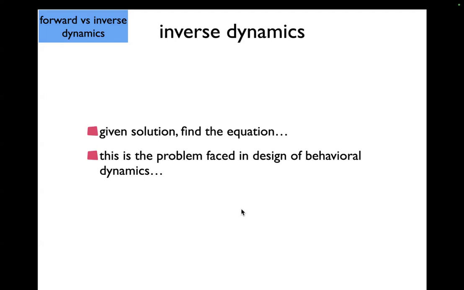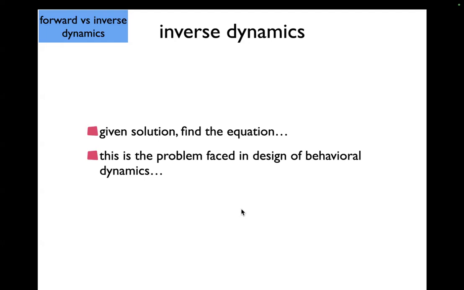What we now need to do is find a dynamic system, an equation that has these kinds of solutions, or solutions with these properties. So we need to find the equation given the solutions. That's called inverse dynamics.